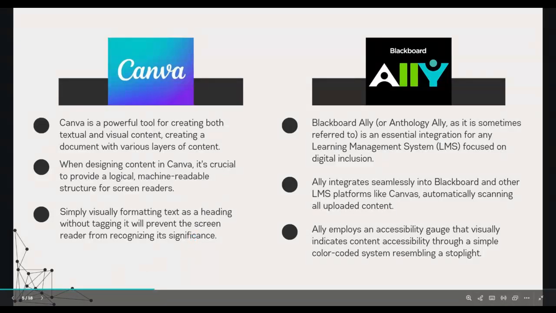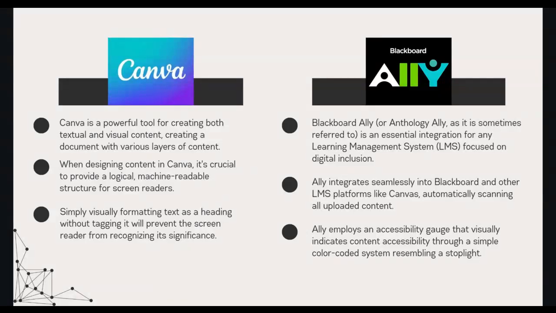All right. So Blackboard Ally functions almost as an after-the-fact quality check. It is integrated in Blackboard, and it employs what is essentially an accessibility gauge, a meter that indicates how accessible your content currently is.